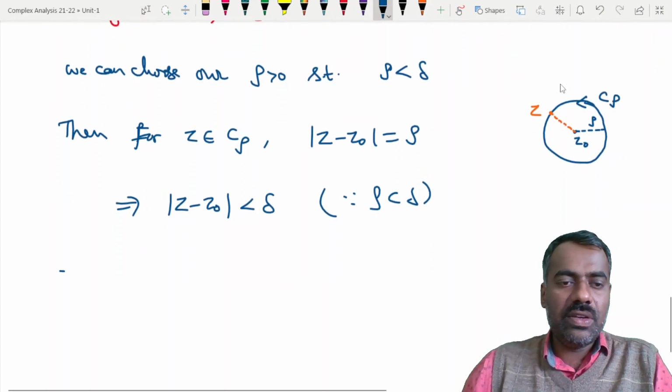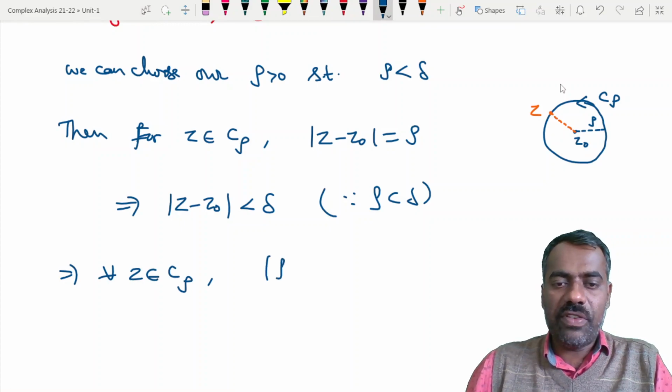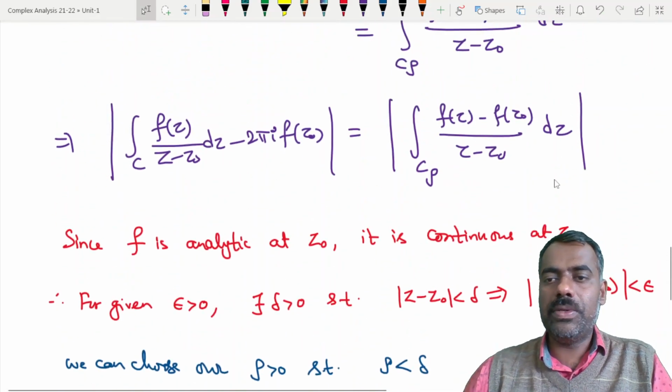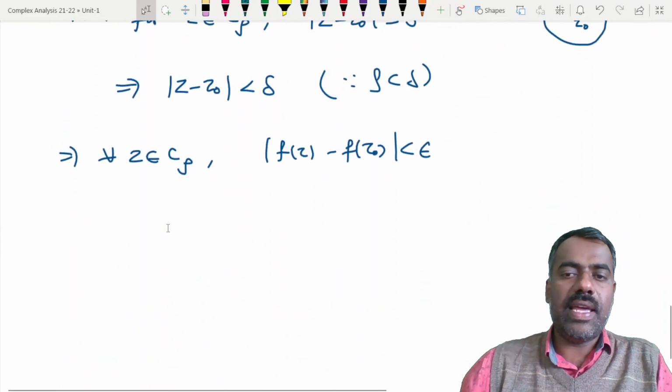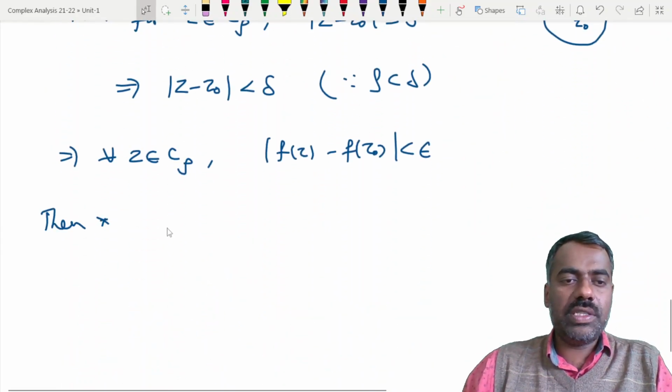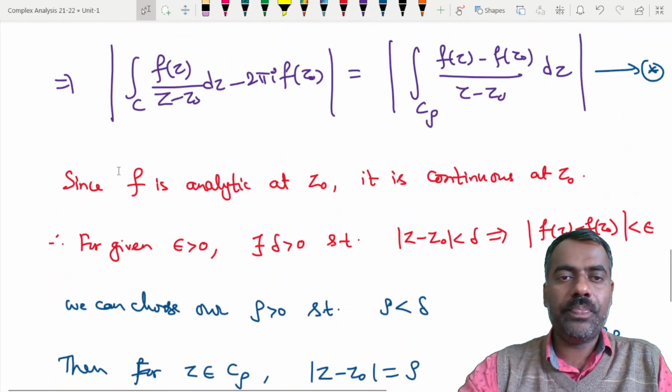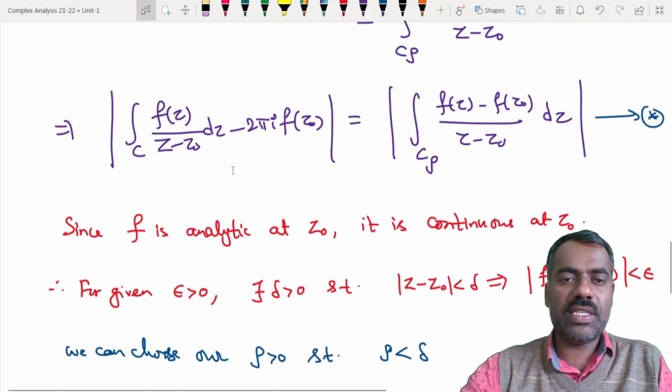This implies for all z belongs to this C rho, mod f of z minus f of z naught is less than epsilon. Okay, and if you substitute that here, you call it this as star, then this star becomes modulus of integration of this.